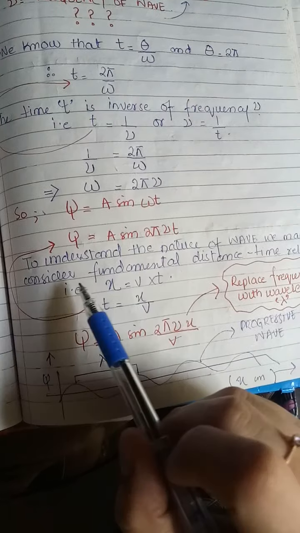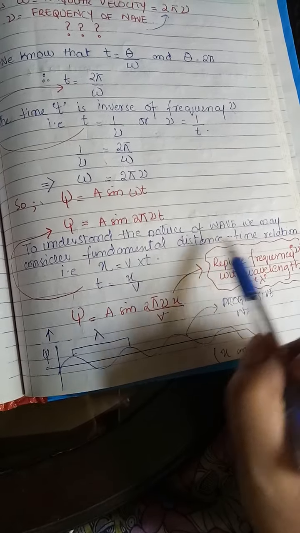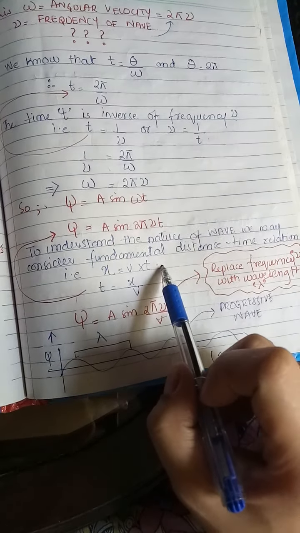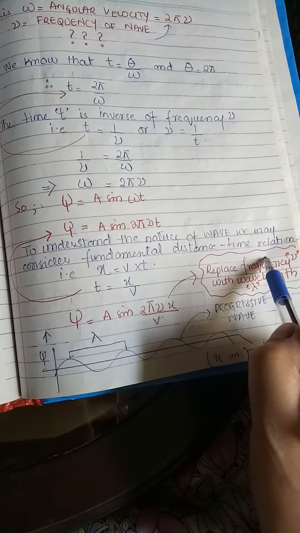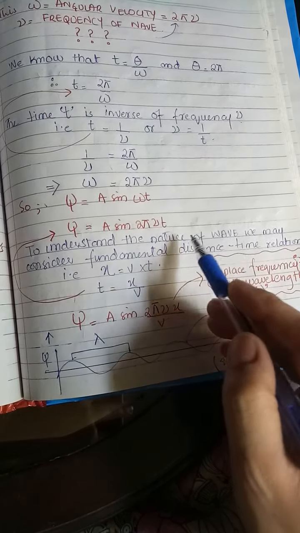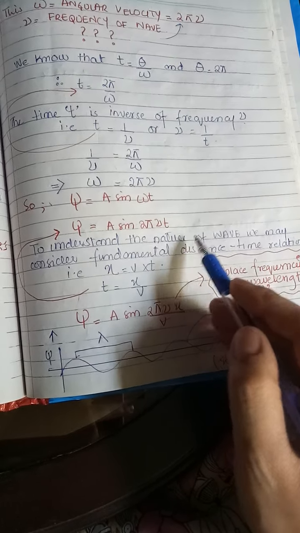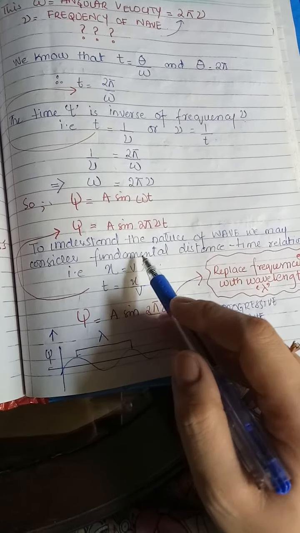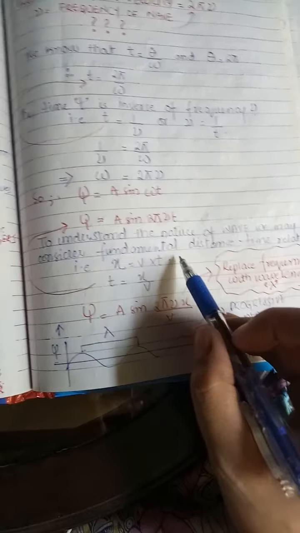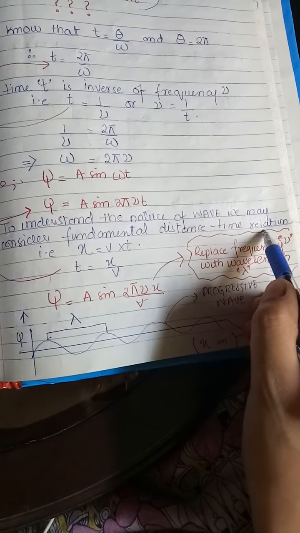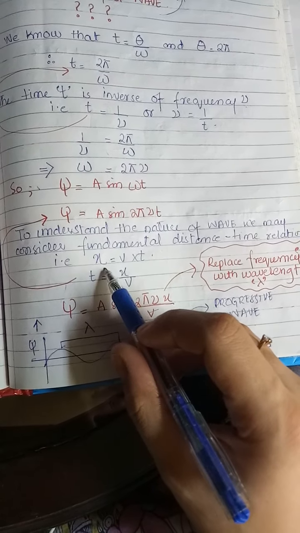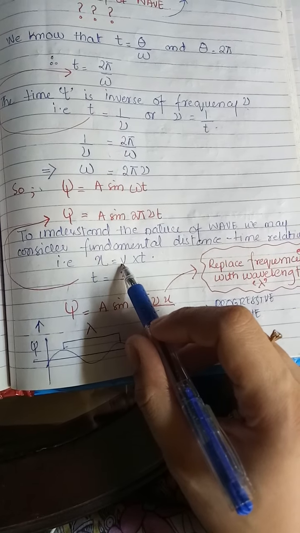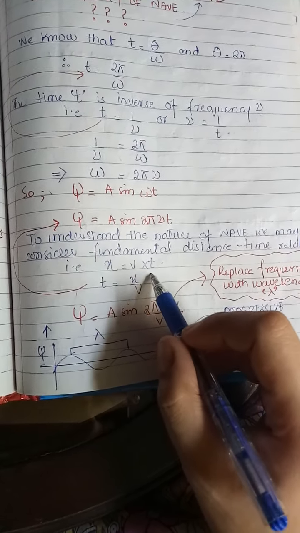So to understand the nature of the wave, we may consider the fundamental distance time relation. We have studied that the distance will be equal to the velocity of the body multiplied by time.